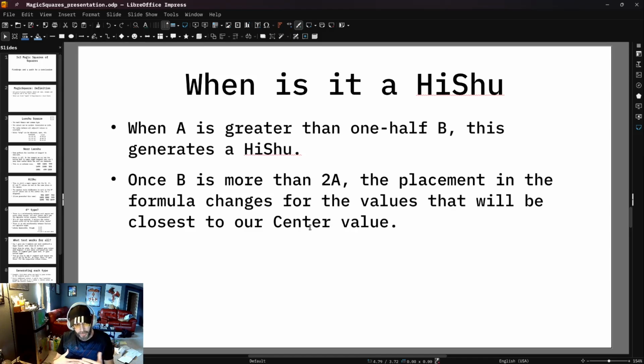And all of those values from 999 as it came down towards 1 were all just normal low shoe or near low shoe values, or squares rather. And so it had everything to do with A being closer to B, and within that ratio.